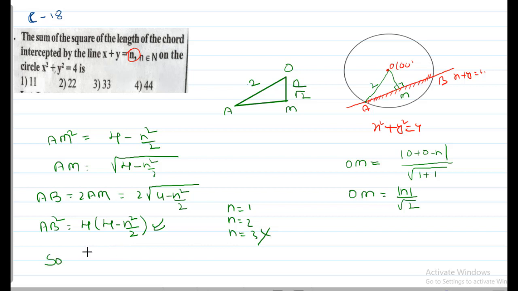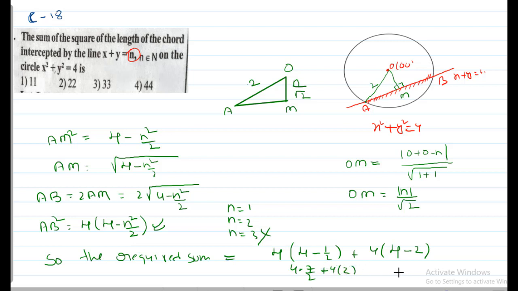So the required sum equal to 4 into 4 minus 1 by 2 plus 4 into 4 minus 2. This is 4 times 7 by 2, plus 4 into 2. 14 plus 8, that is equal to 22. So option 2 is correct.